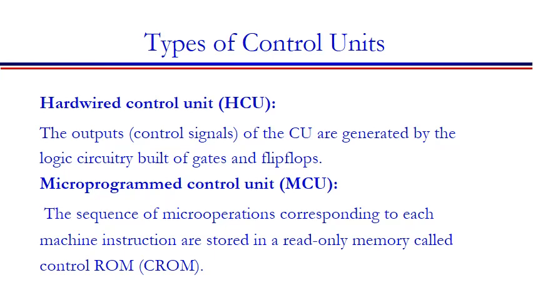Now we have different types of control units. Usually we discuss two types. One is the hardwired control unit, which is also known as HCU. The other one is the microprogram control unit, which is also known as MCU. In the hardwired control unit, the control signals are generated by logic circuitry.